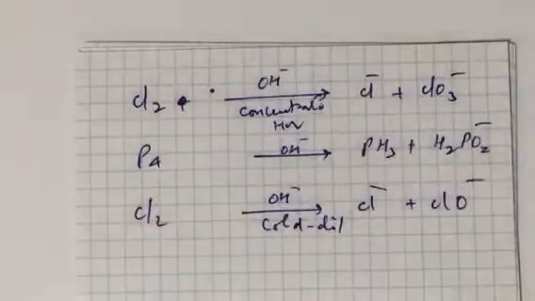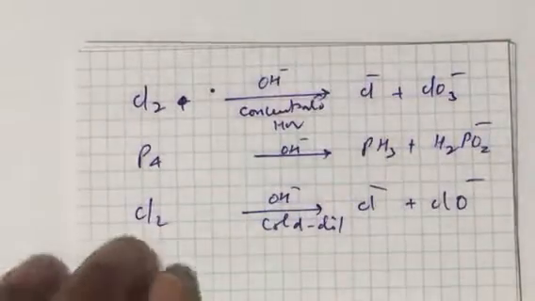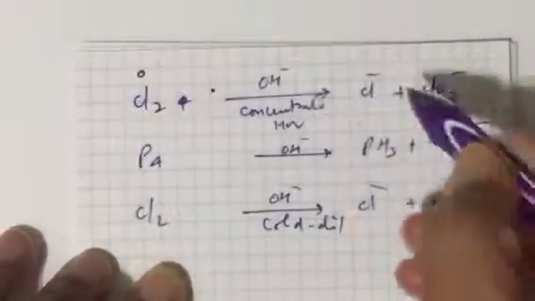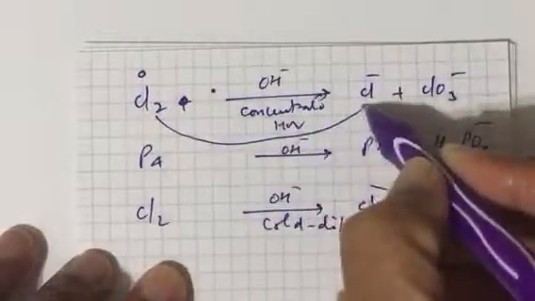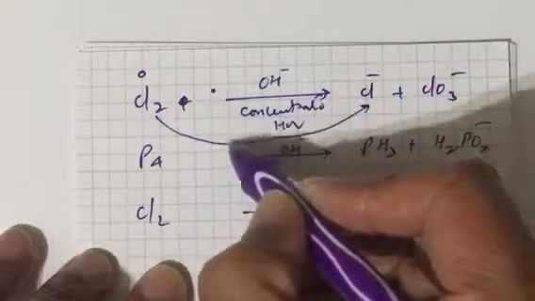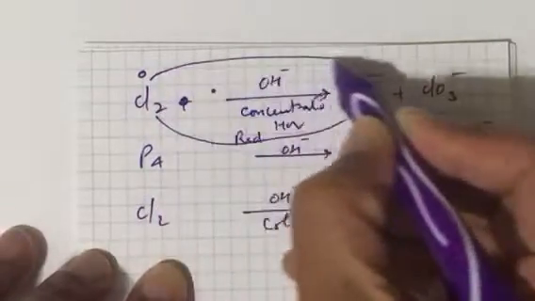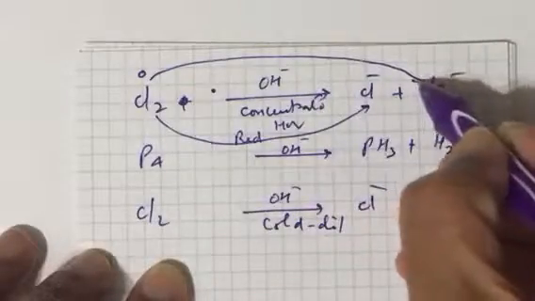But at the moment my interest is to say, what is disproportionation? A reaction where the same species, for example here, chlorine which is 0 is becoming Cl minus, that is gain of electrons, that is reduction. The same Cl0 is becoming ClO3 minus.